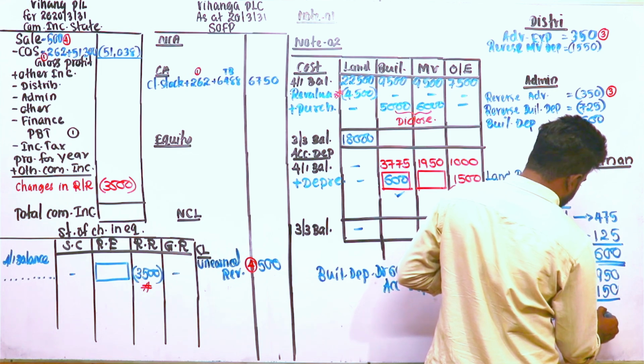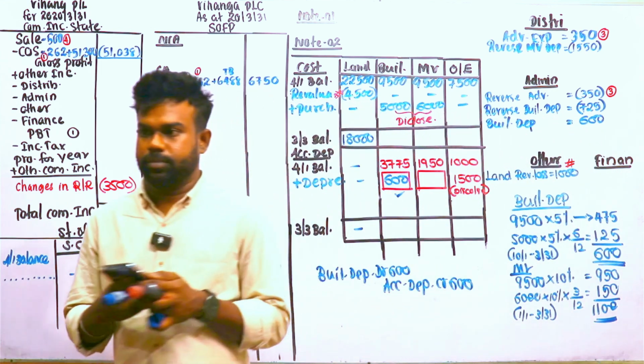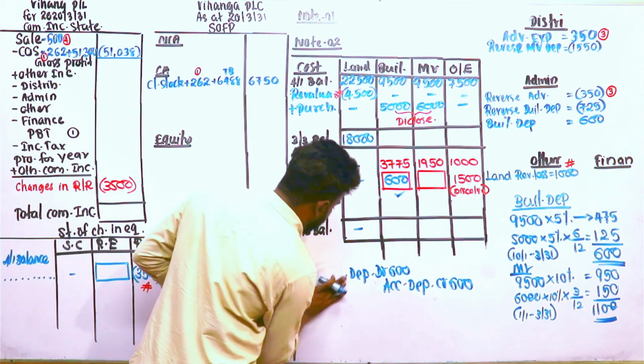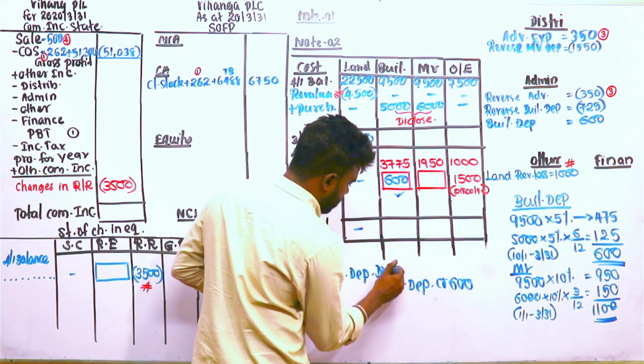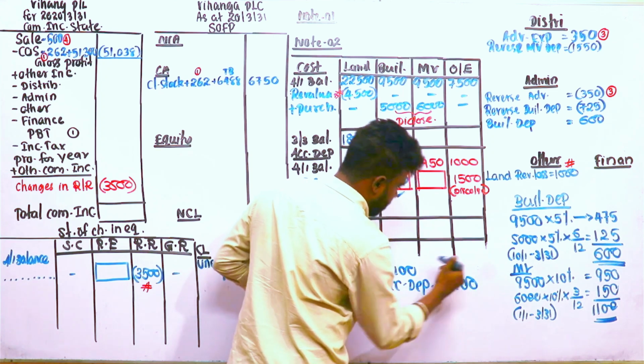So the correct depreciation is 1,100. So again the same double entry here: motor vehicle depreciation debit 1,100, accumulated depreciation credit 1,100.